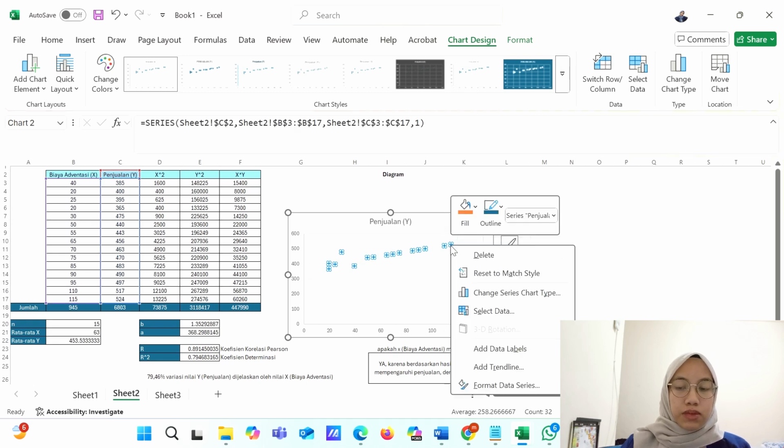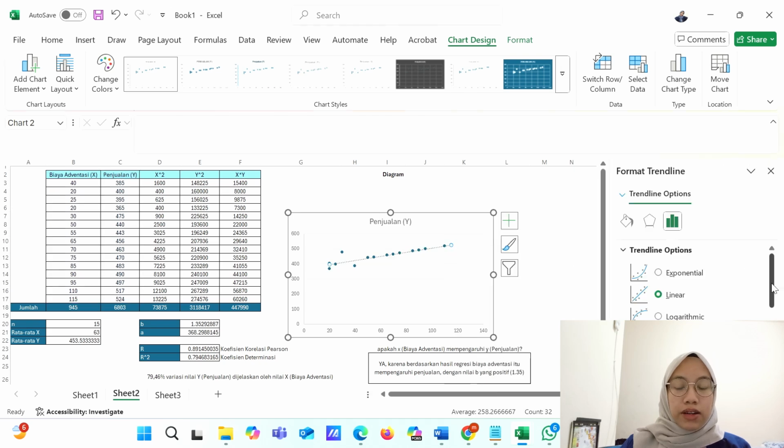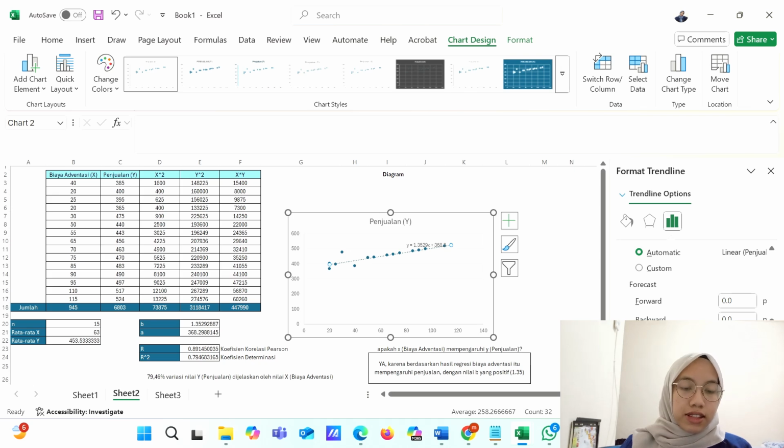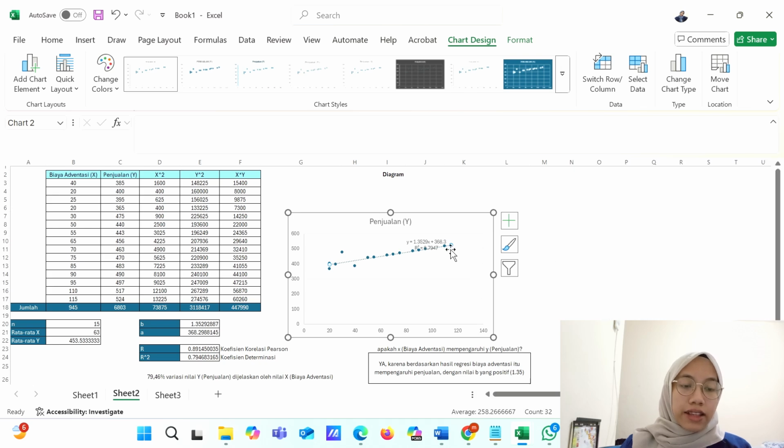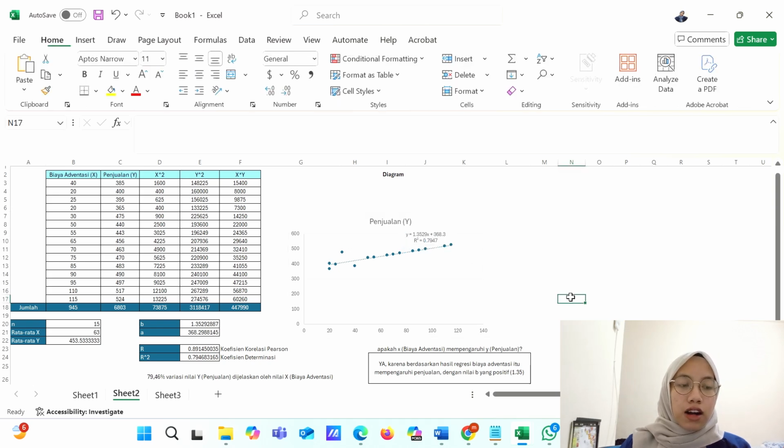Next, we select one of the points, right-click and select Add Trendline. Select a linear line and activate display equation and display R square. This is the diagram.